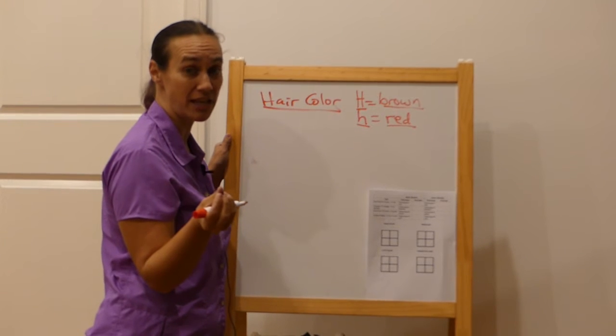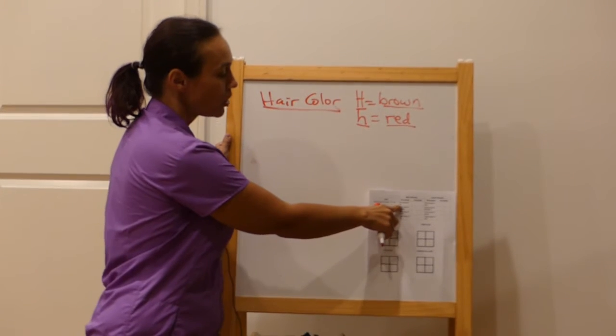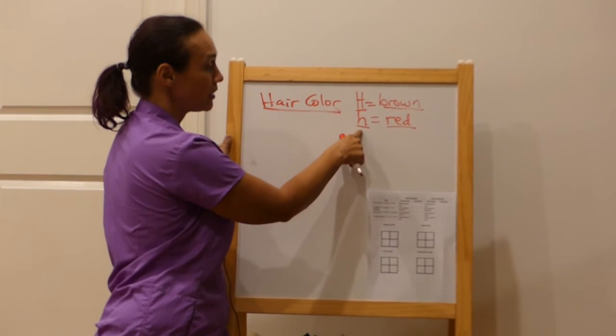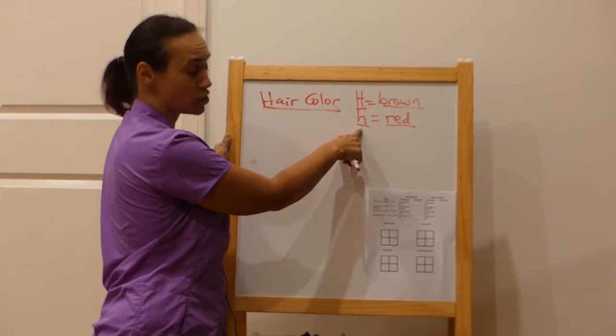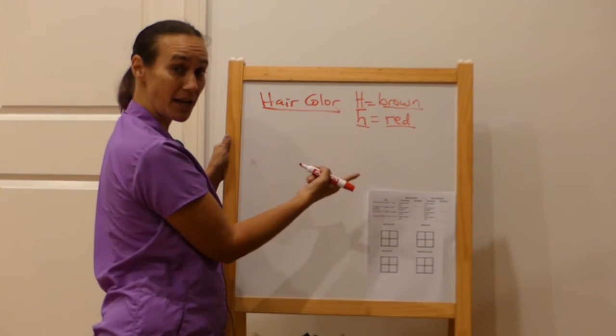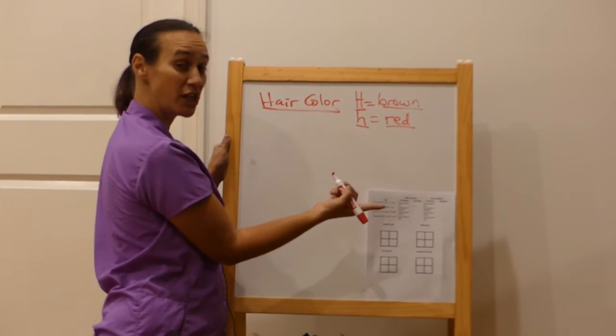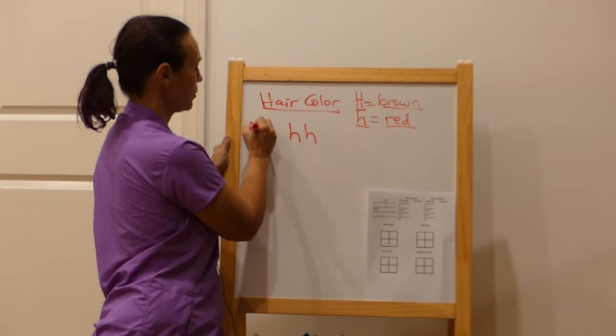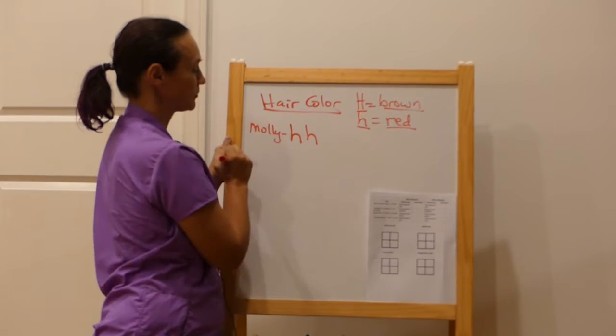She's going to have the same alleles. Her hair is red, is her phenotype. Red is lowercase h. So Molly's phenotype is homozygous red, meaning her genotype has to be little h, little h. So this is Molly. Okay?